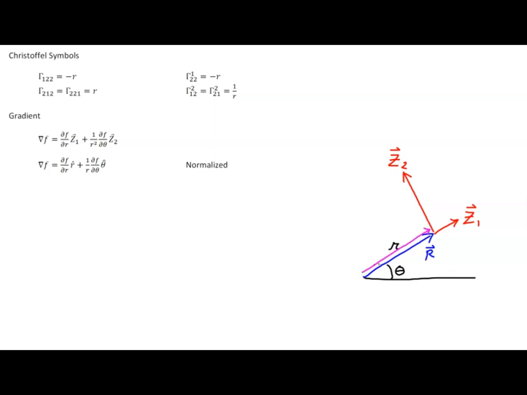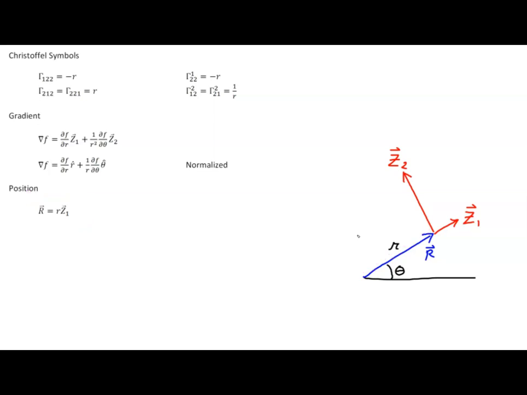This vector has a magnitude of r, and it points in the direction of z1. So the position vector itself looks just like this. There is no z2 component to our position vector because the position vector is always parallel to and points in the same direction as z1.